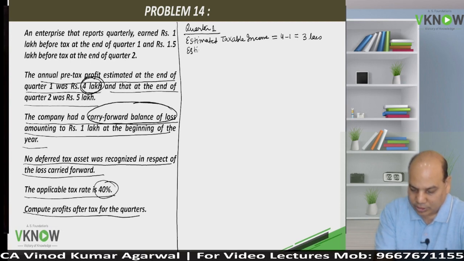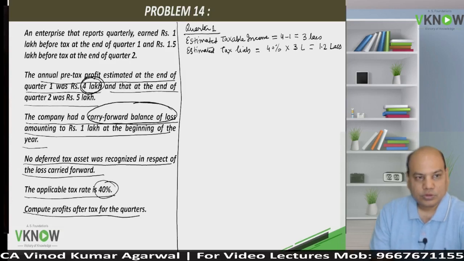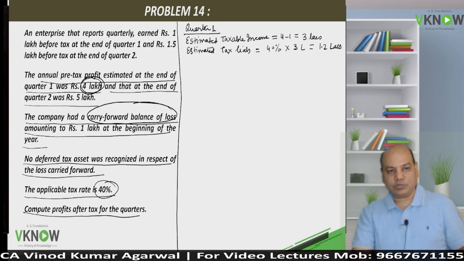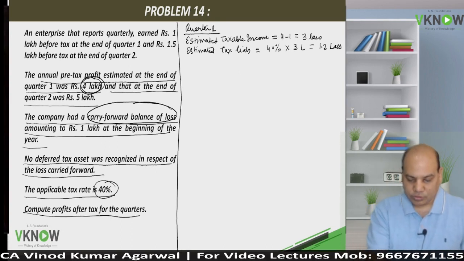And estimated tax liability will be 40% into 3 lakh. That will come to 1.2 lakhs. So what will be my weighted average effective tax rate?